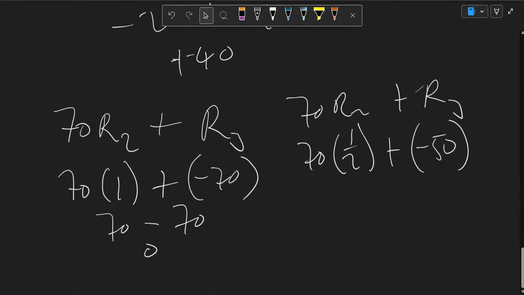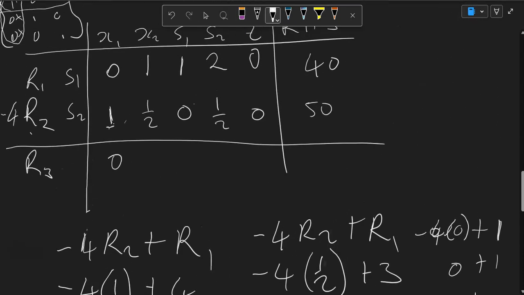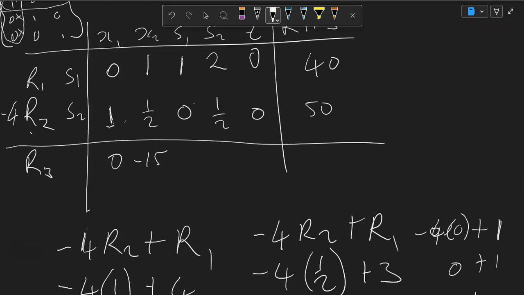Okay, let's try to see what we will have then. So 70 by half, that is 35. Negative times positive is -50. So what is 35 minus 50? That will give us -15, isn't it? -15. Okay, let's put -15 there. -15. So we do the same for third, fourth, fifth, and the right hand side. Let's see what we're going to have.